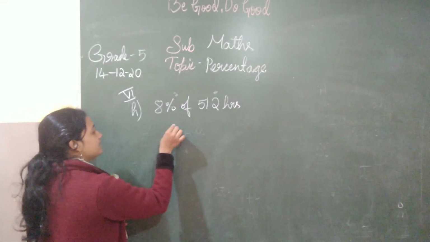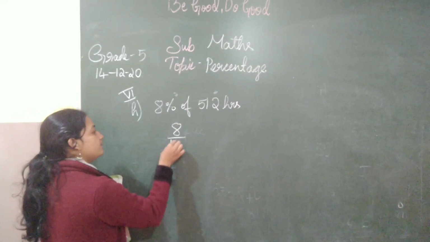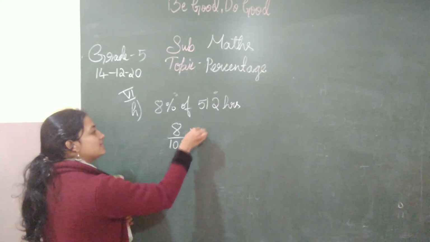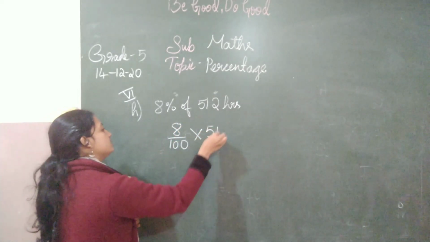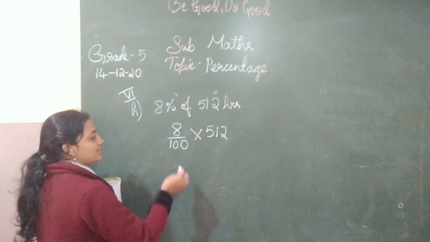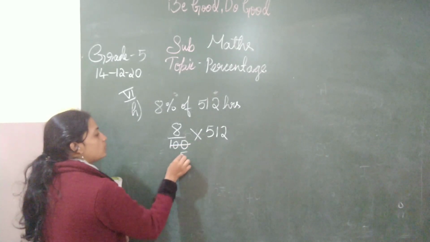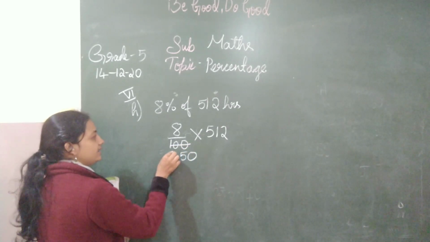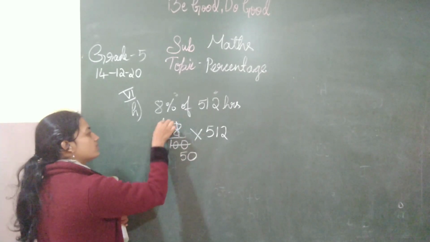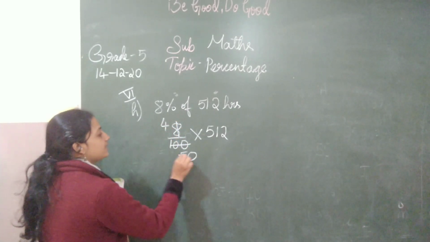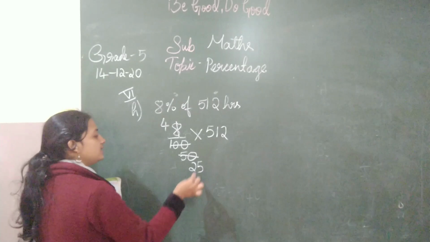So let's find it. 8% will be 8 by 100, of means into 512. So cancel this. 2 50s are 100, 2 4s are 8. Again 2 25s are 50.